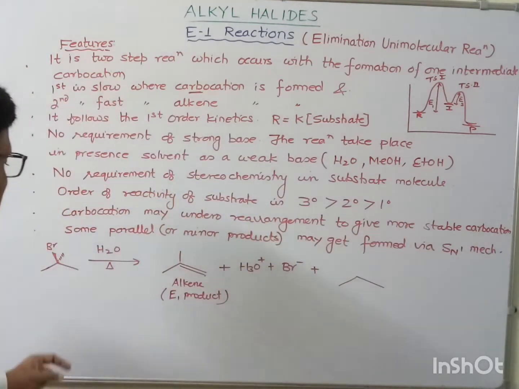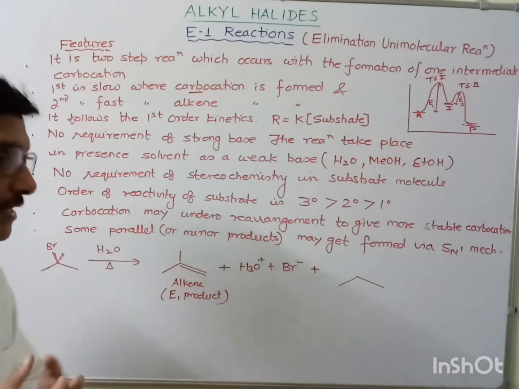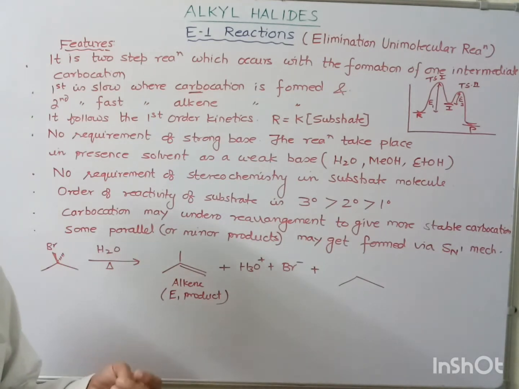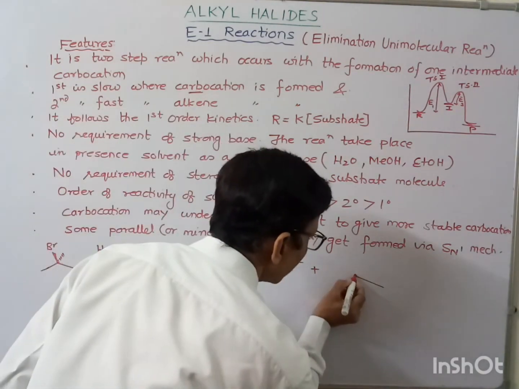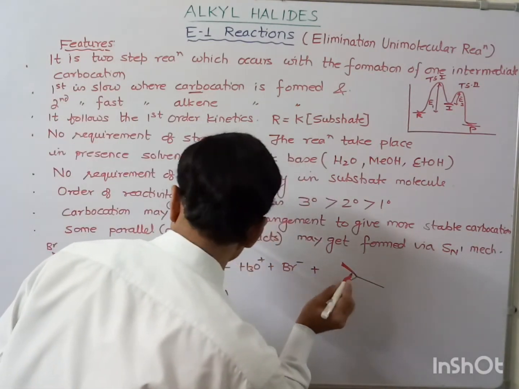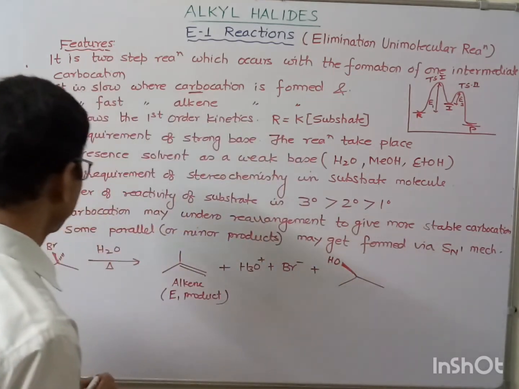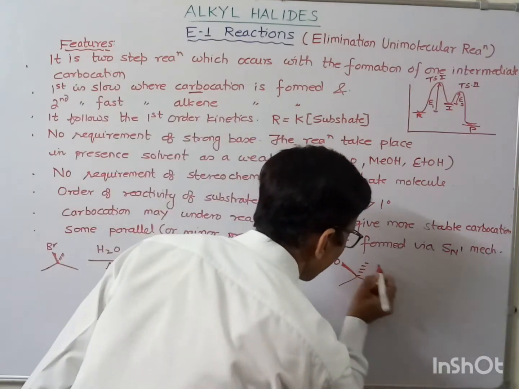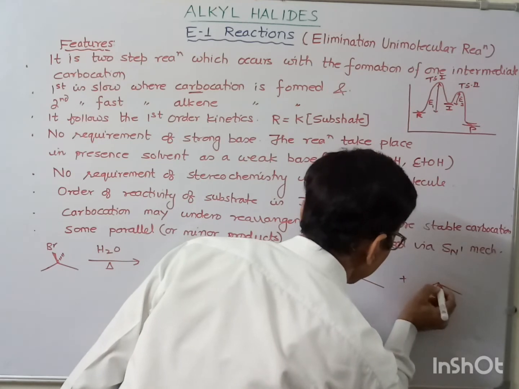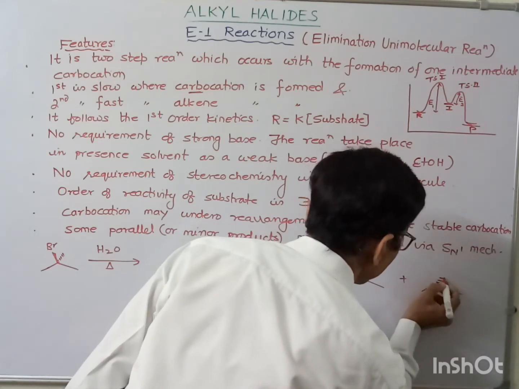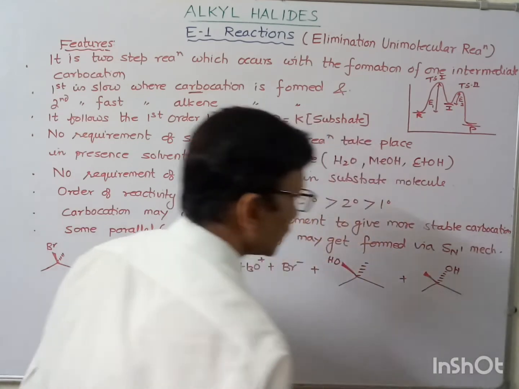And we know that in an SN1 reaction the inversion product is formed as well as the retention product, and the inversion product predominates over the retention product. So here, one of the products formed is the retention product, and another product will be the inversion product.